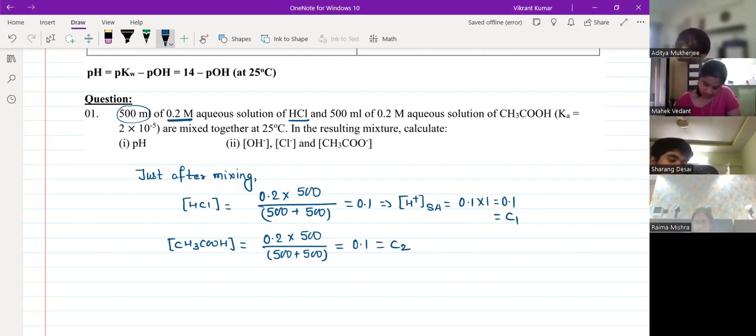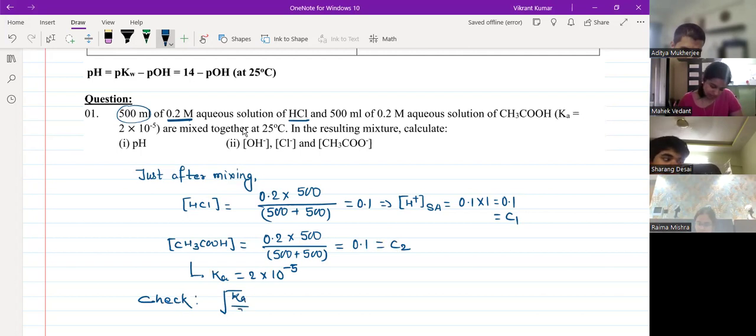And then I told you to check its K, which is given as 2 into 10 raised to minus 5. What I told you to check was under root K upon C2. Check it. It will be under root 2 into 10 raised to minus 5 upon 10 raised to minus 1. So this is root 2 into 10 raised to minus 2, which is less than 0.1.